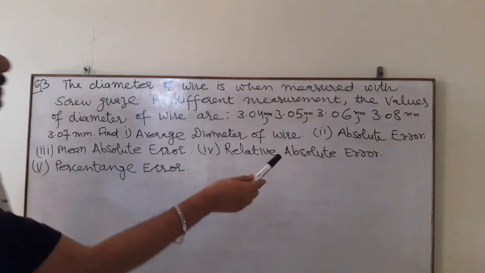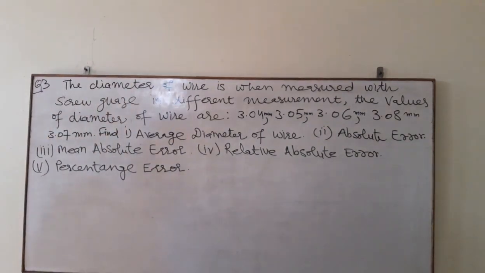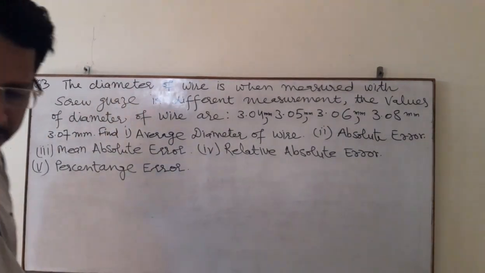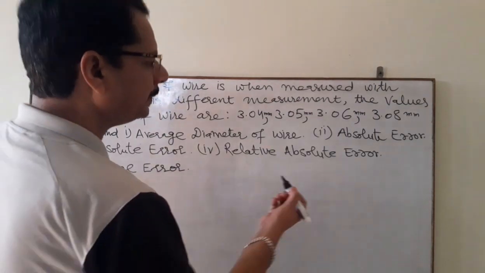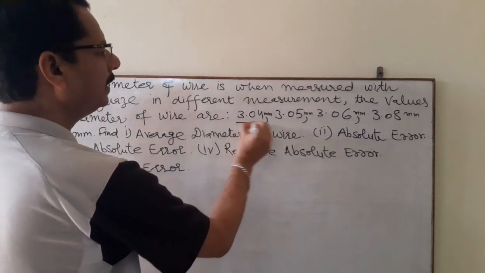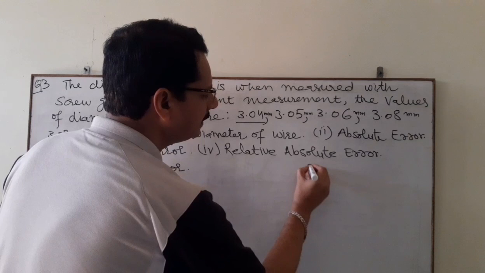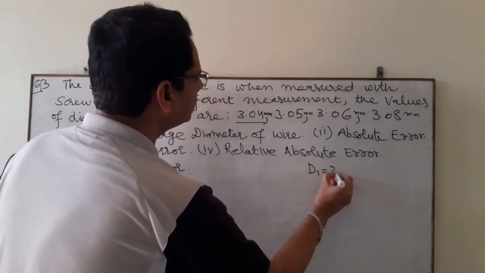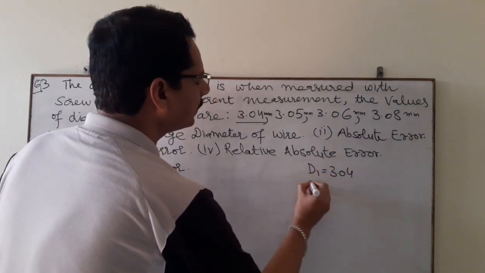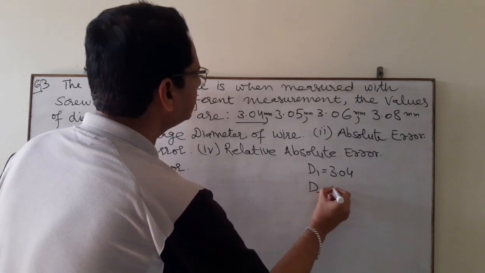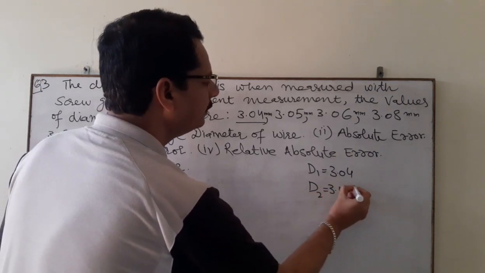So first of all we are going to write here what is my D1, D2 and D3. D1 is the first diameter. D1 is how much? 3.04. Similarly D2 is 3.05.